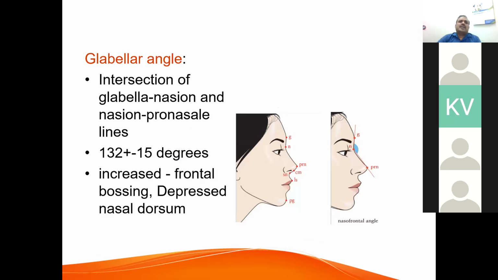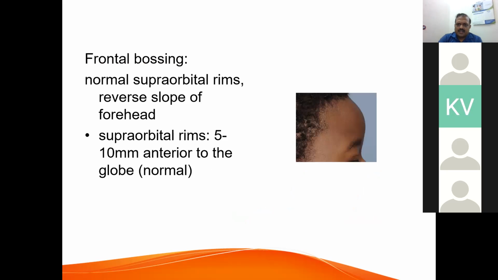Coming to the glabellar angle, the intersection of the glabella to the nasion and the nasion to the pronasale forms an angle of 113 plus or minus 15 degrees. This angle will be obtuse or increased when the patient has frontal bossing or a depressed nasal septum. In frontal bossing, a reverse slope will be there.